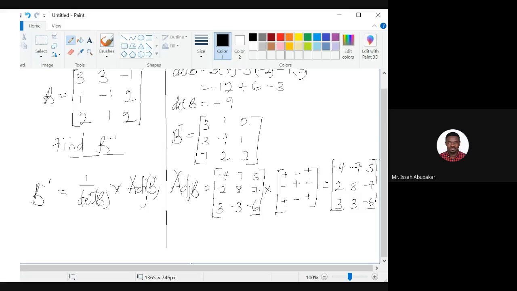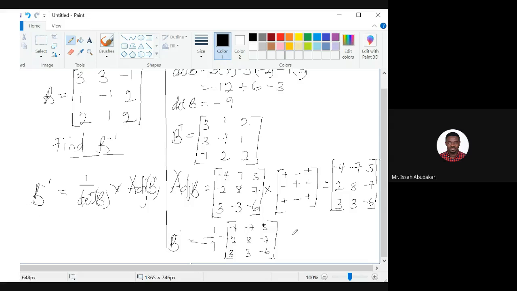Now, the inverse of B is equal to 1 divided by -9 multiplied by -4, -7, 5, 2, 8, -7, 3, 3, -6.